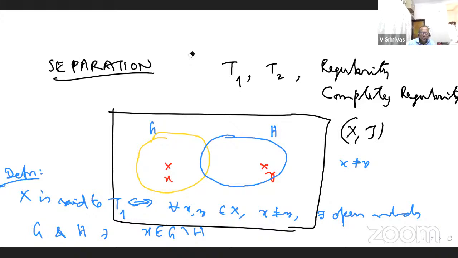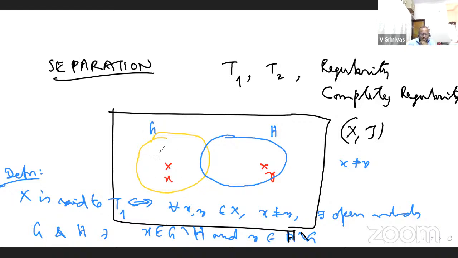So x belongs to G minus H and y belongs to H minus G.